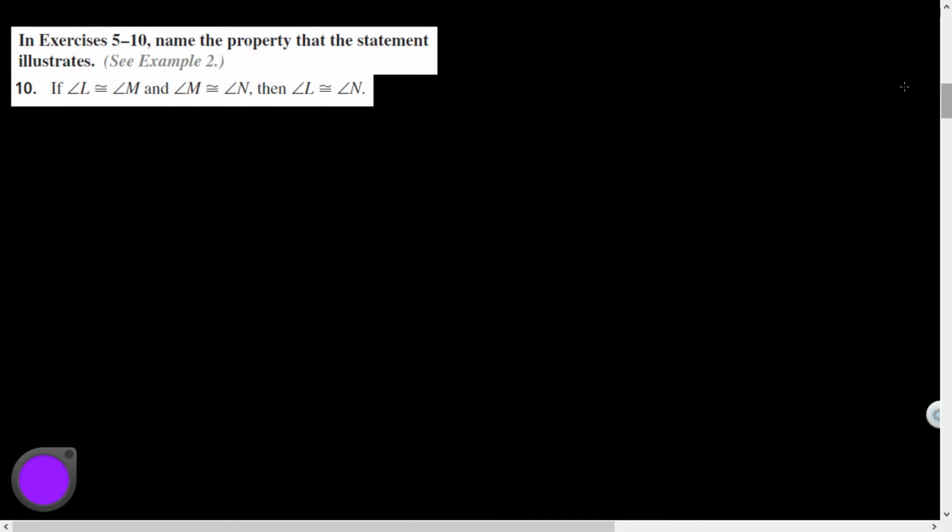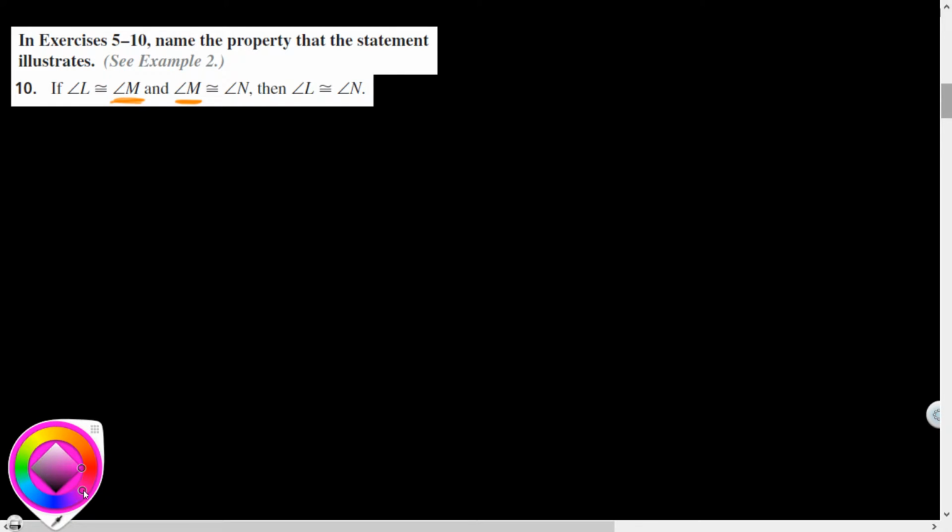I think I've got this one, guys. It's pretty similar to what we were just talking about. It says, name the property that the statement illustrates. See example 2 in case you're stumped. If angle L is congruent to angle M, and angle M is congruent to angle N, then angle L is congruent to angle N. That looks like the transitive property.